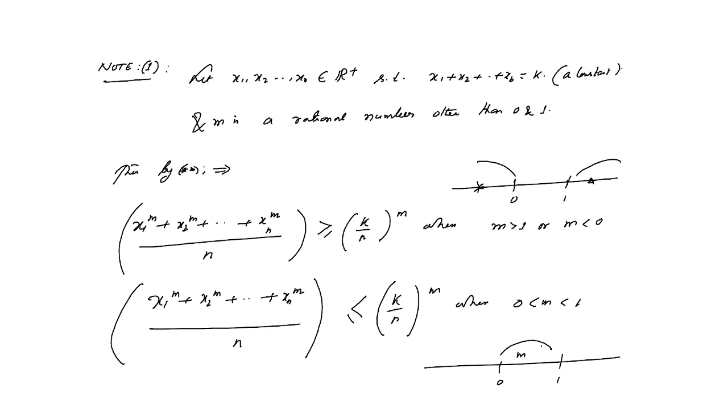So when m is greater than 1 or m is less than 0, we can find the minimum value. And when 0 less than m less than 1, we can find the maximum value of the expression. With the help of this important theorem, we can solve many important problems, and that problem is also important in our Calcutta University or any other university examination.